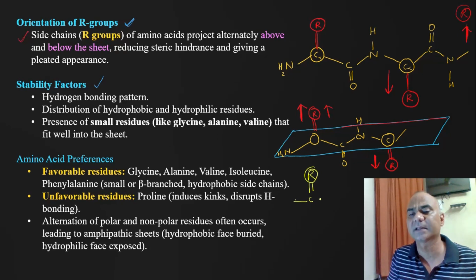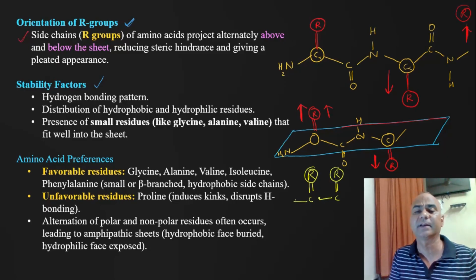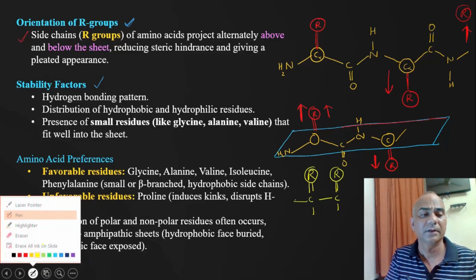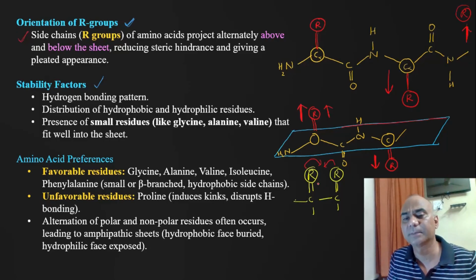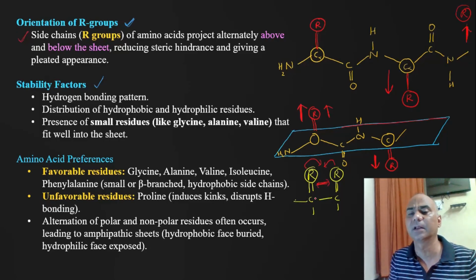Say this is the structure, and this is the second amino acid and the alkyl group of the second amino acid. In that condition, it creates steric hindrance between these two alkyl groups. This makes the structure unstable.